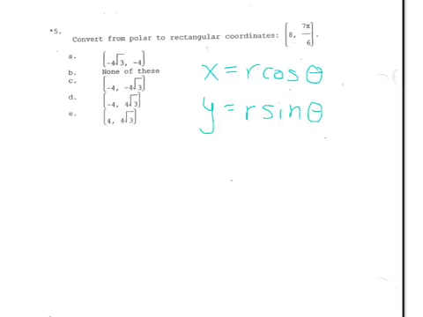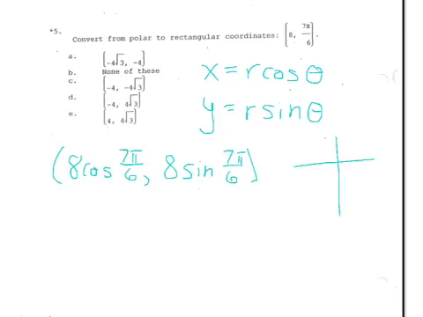So for x, we have 8 times the cosine of 7pi/6 and 8 times the sine of 7pi/6. And I'm just going to draw that triangle out. So it's down here. We know it's a 30-degree angle, so we have a -1, -√3, and 2.